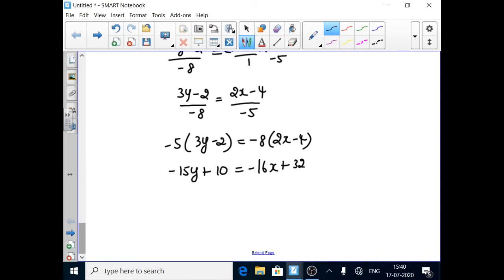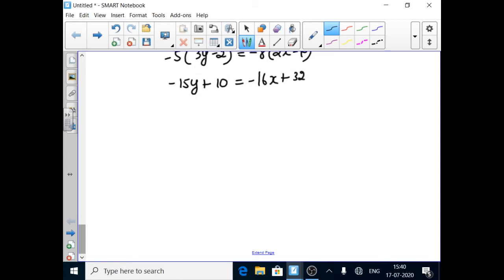Okay. So we will take everything to the same side. So that is 16x, I want x positive. If suppose you have a negative x, you will take everything to the left hand side. Okay.